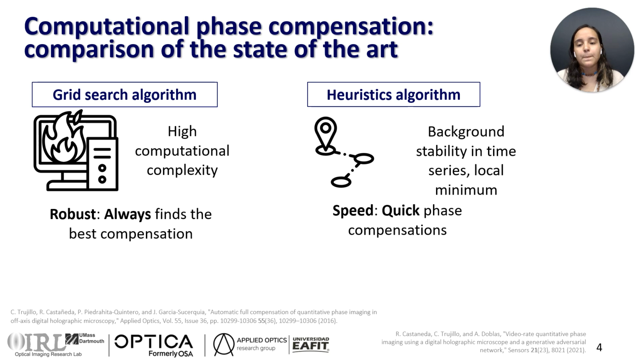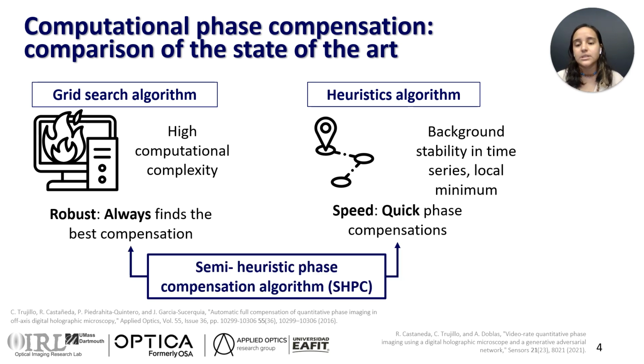So, which are the requirements for this algorithm to perform a full compensation of the phase map? Well, first, we need our system to be working in telecentric mode. This means that the tube lens is placed at the back focal length of our microscope objective, right?